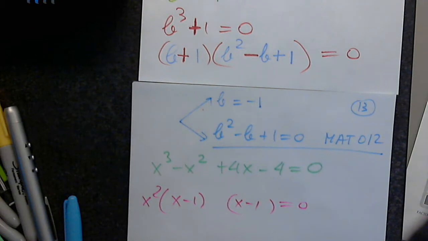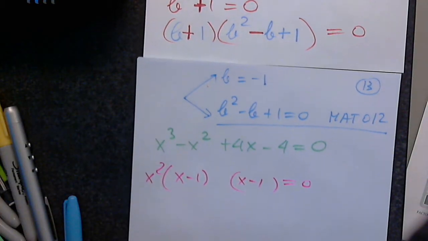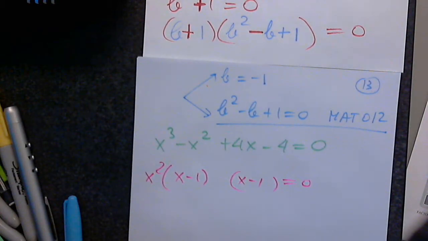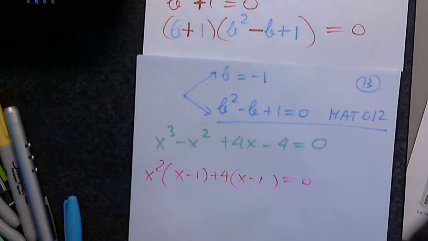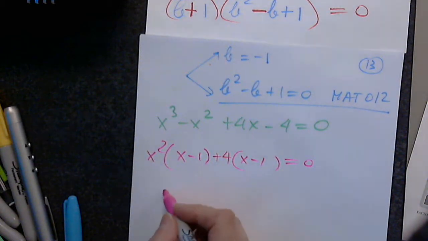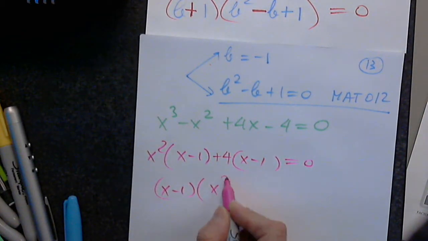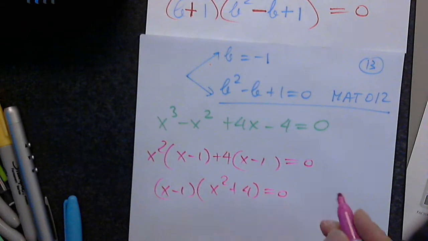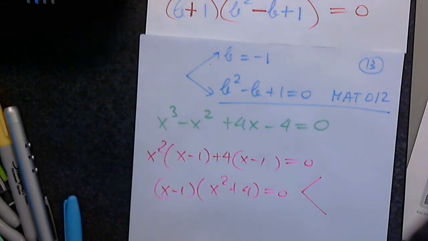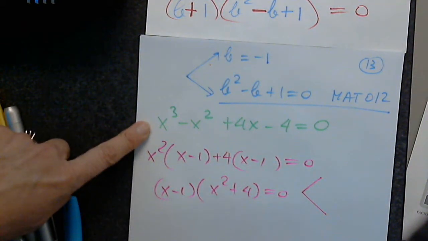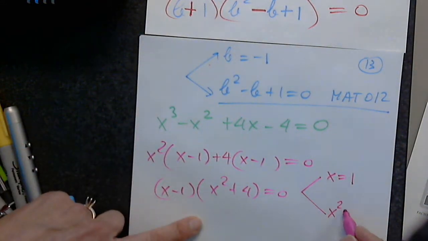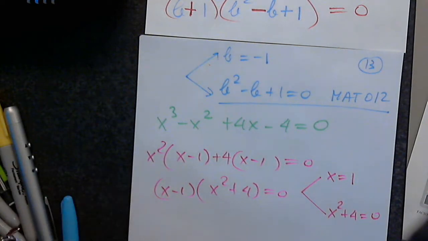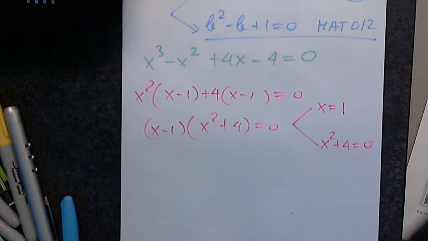And now let's look. Very good. So the common factor is x minus 1, and then x squared plus 4 equals 0. And we have two options from here. And of course, we have to have 3 solutions. One solution is x equals 1, and the other two come from x squared plus 4 equals 0. Same idea. We don't know. We have to wait till the next class.